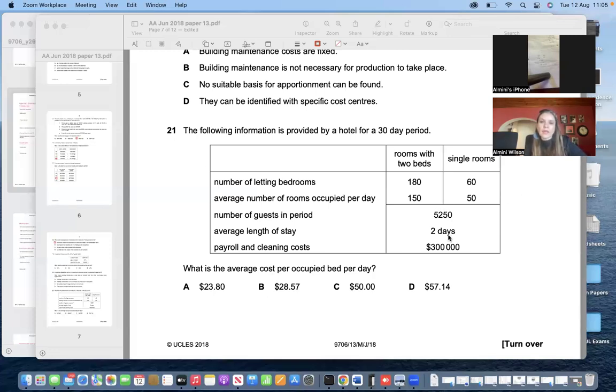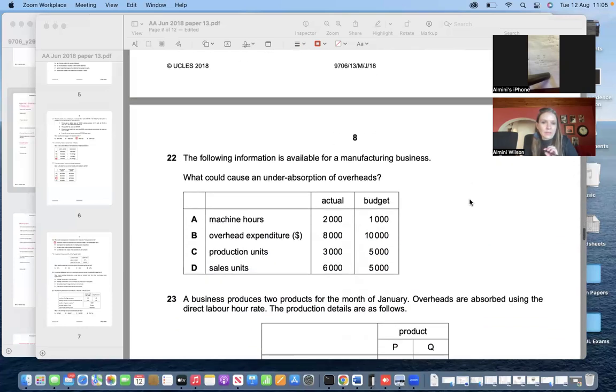The number of guests and how long they stay, remember that's already included in the occupied rooms per day. That average number of occupied rooms has already been based off of the information of how many guests were there and how long they stayed. So I was just using the 150 and the 50, so don't get distracted by the extra noise.